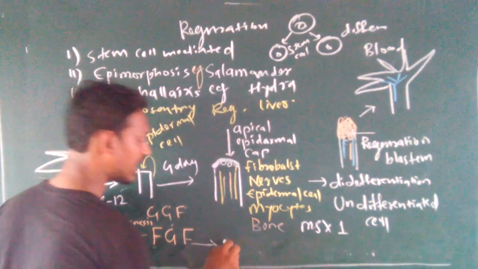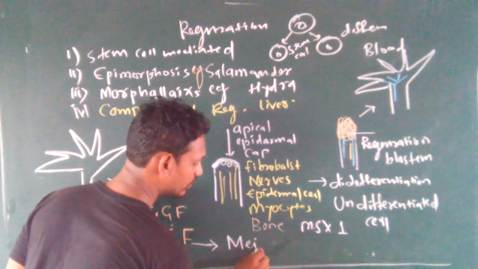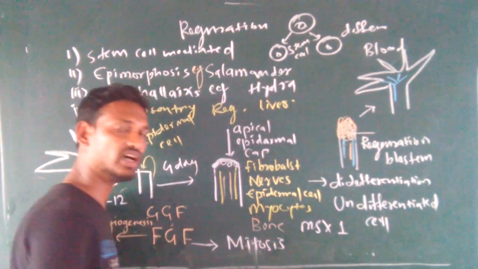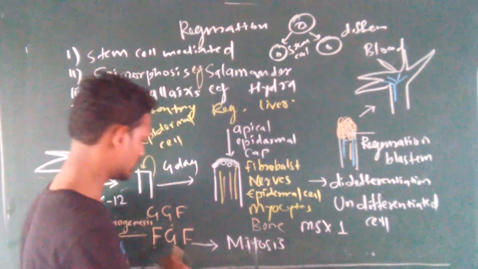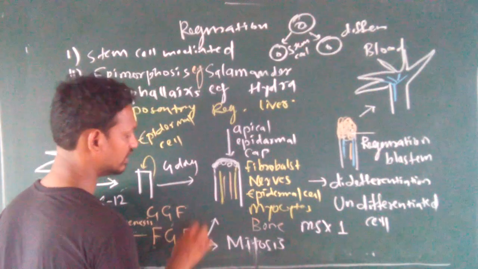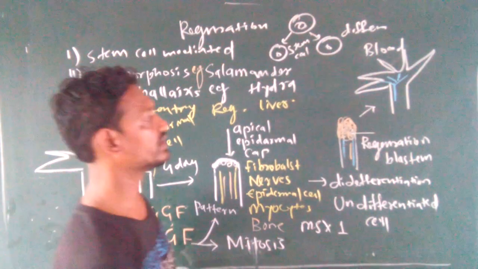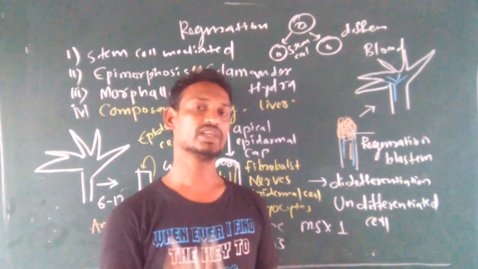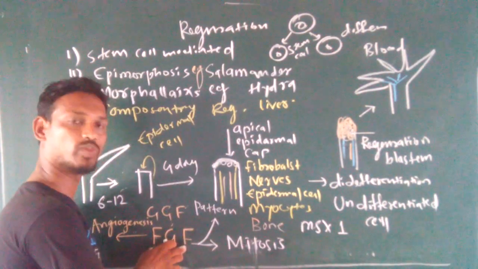It acts as an enhancer of mitosis. It enhances the rate of proliferation via mitosis. The fibroblast growth factor also regulates the pattern of regeneration. How the regeneration will take place, when the regeneration will stop, what kind of regeneration is needed, all these get decided by the fibroblast growth factor.